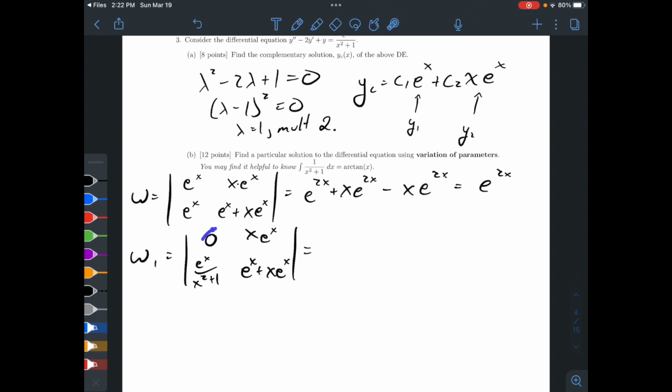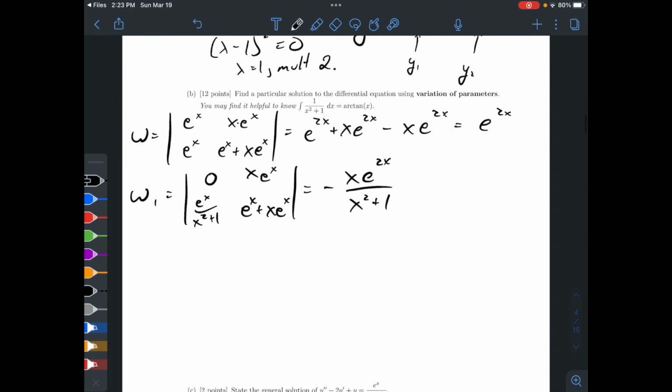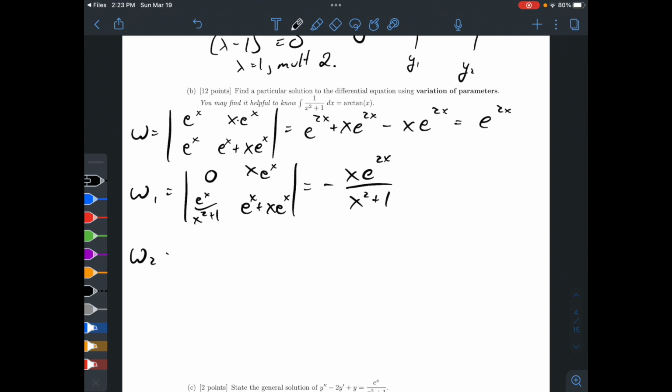And then the determinant is going to be this times this, which is just 0, and then minus this times this. So we'll get negative x e to the 2x over x squared plus 1. W2 is going to be e to the x and e to the x, and then replace column 2 with our answer column.